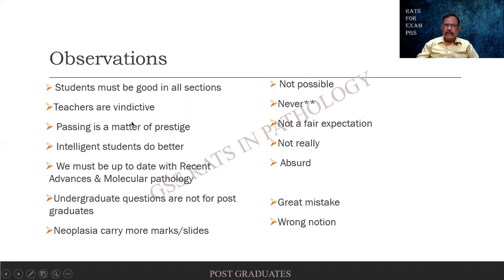This is not fair on the part of the student. Passing is a matter of prestige means 100% pass. That is a very wrong expectation, and some of the students happen to attach a prestige to the pass. This is not a fair expectation.